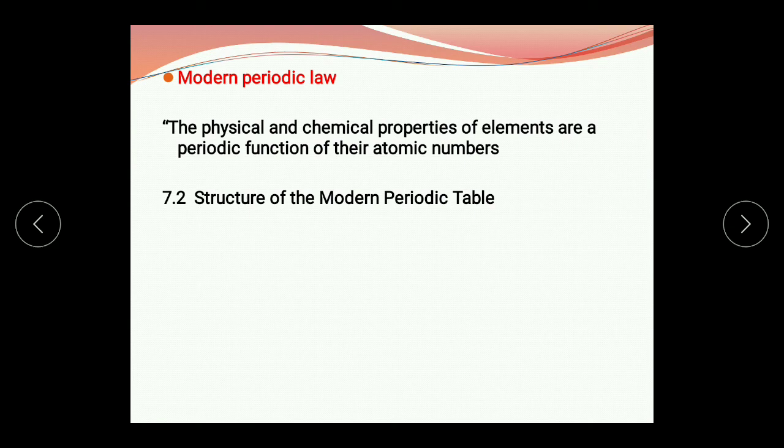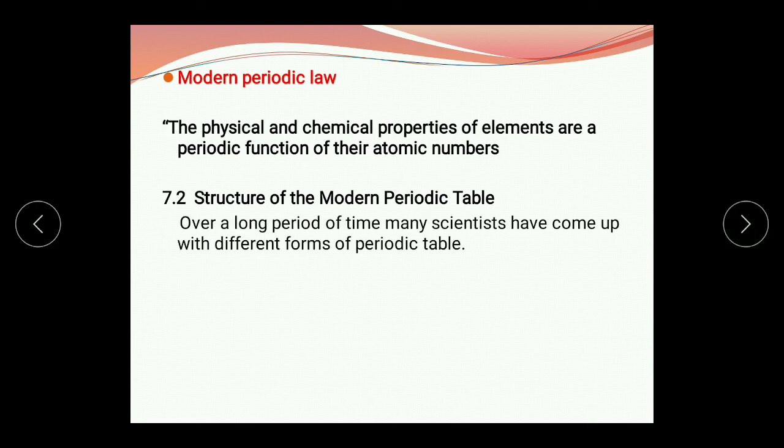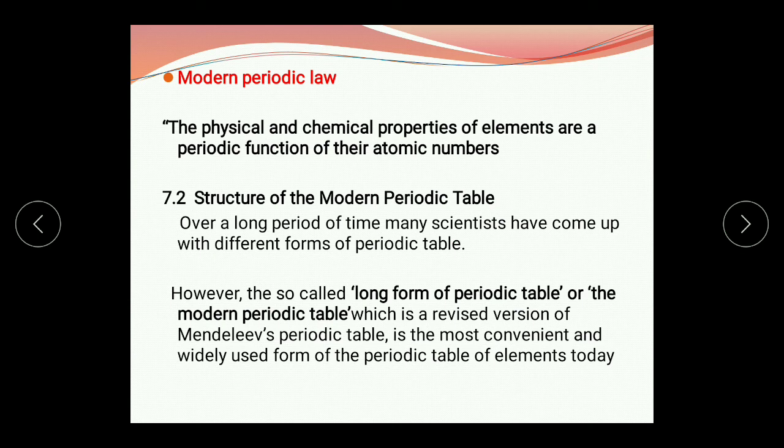Some basic changes are made, and that is called the long form of the periodic table, or the modern periodic table. It is the revised version of Mendeleev's periodic table, and it is the most convenient and widely used form of the periodic table. It is the accepted form all over the world.